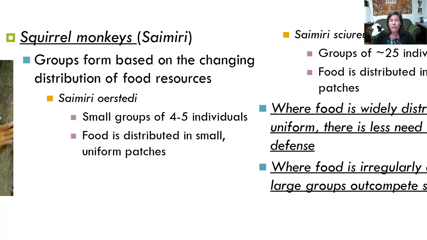In Saimiri sciureus, they have groups of 25 individuals, and food is distributed in large random patches. So basically, where food is widely distributed, there's less need for group defense, and that's why they have these smaller groups. Where food is irregularly distributed in large random patches, large groups outcompete the smaller groups.